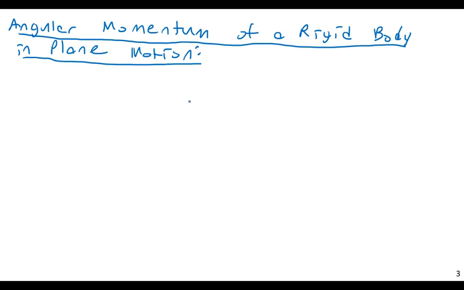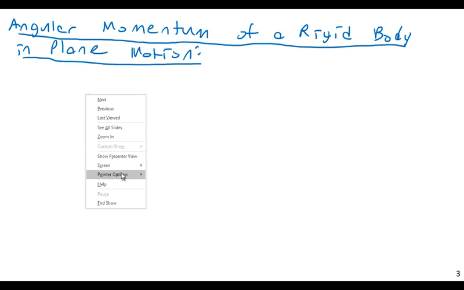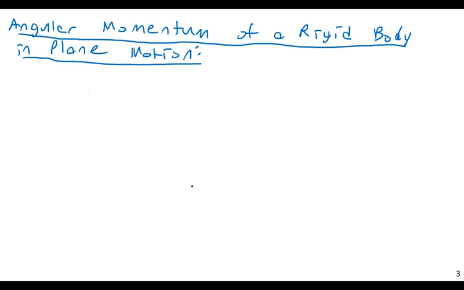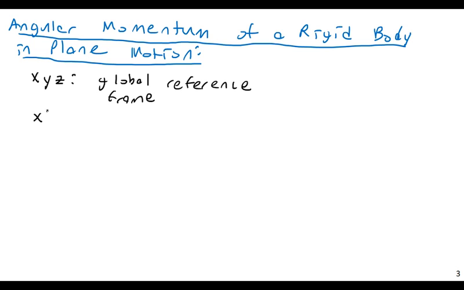All right, so let's see this here. I want to remind us that we'll have two different reference frames we'll consider. XYZ for today will be the global reference frame. And G, X prime, Y prime, Z prime, similar to our system of particles, is going to be our centroidal reference frame.